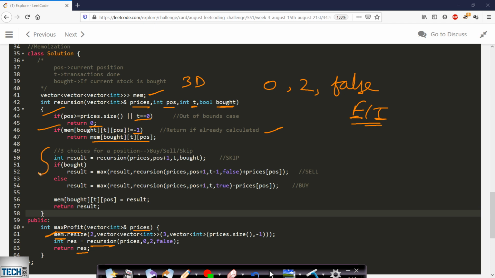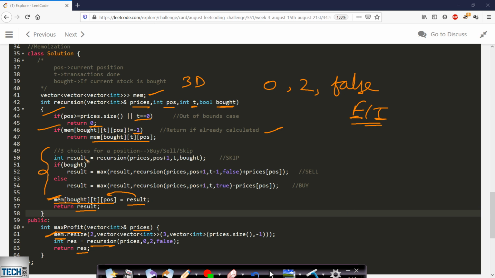Otherwise we will process and then we will update our memoization array. That means we will store the result and then we will return the result, so that if this repeating sub problem is called again, then we will simply see the memoization array and return the result without even calculating it. So that will improve our time complexity.